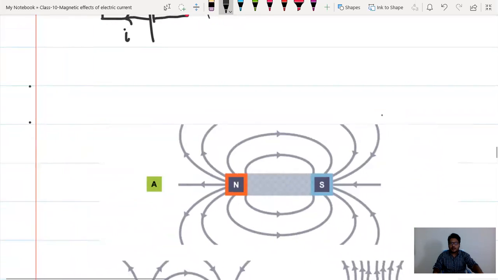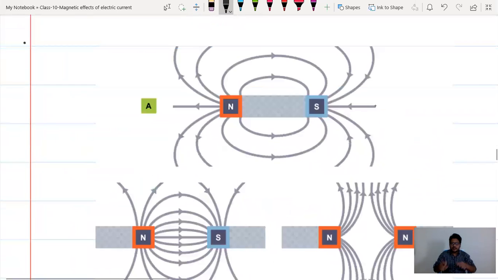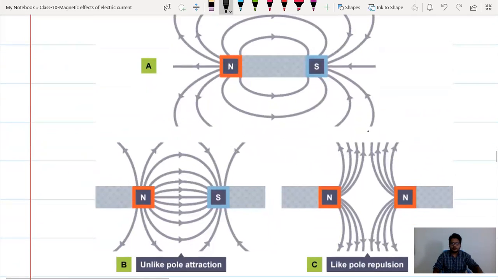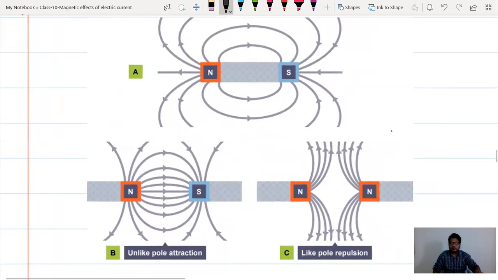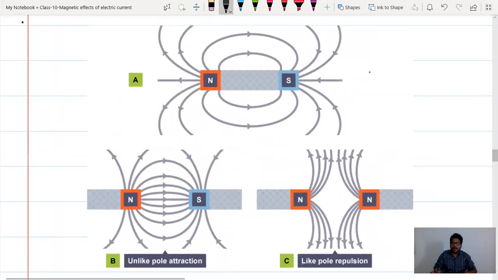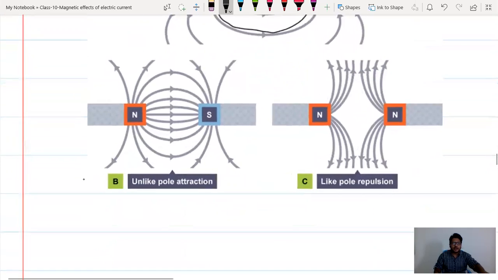You see, with the help of another diagram, we'll learn. You see, this is bar magnet, first diagram. This bar magnet, there is north pole and south pole. From north pole, magnetic field line will emerge, it will travel towards south, like this. If there is only single magnet. Now if you have two magnets, there are two conditions you can observe.